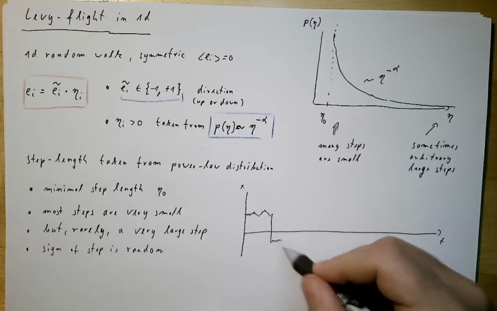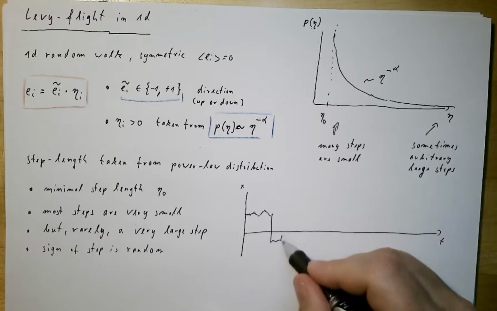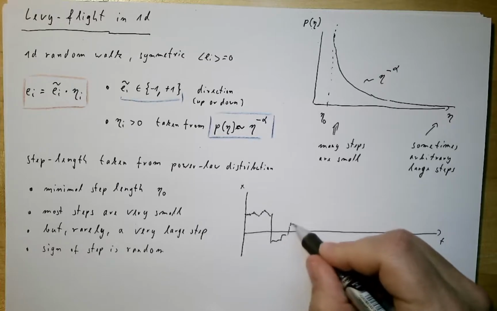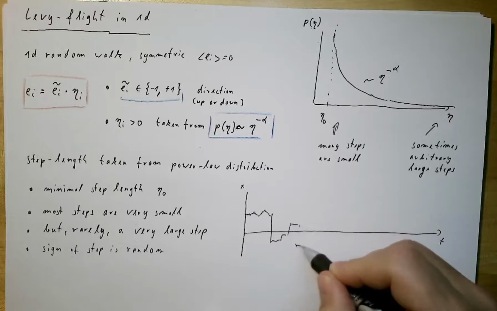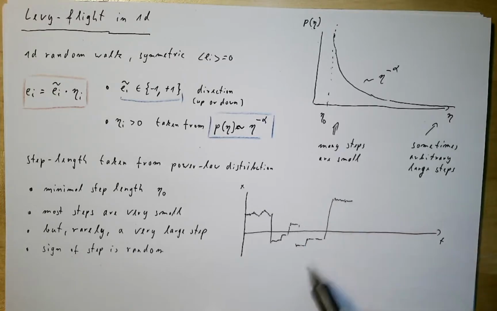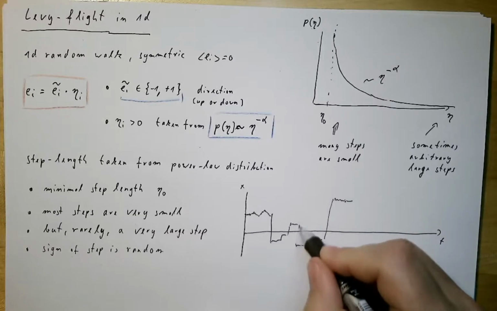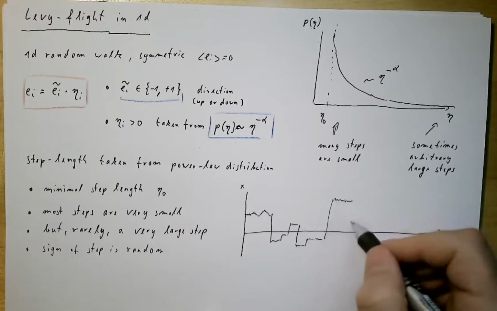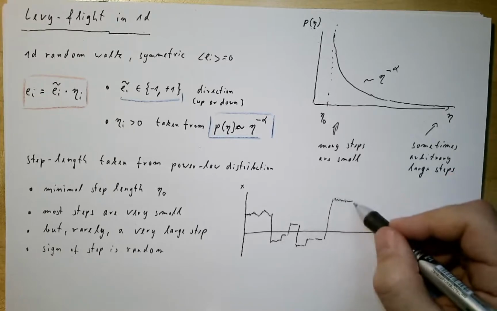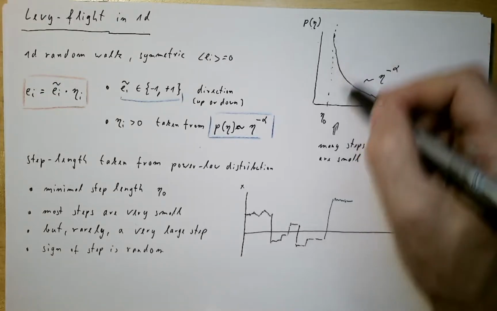And then we continue. Now we have maybe a small step, a larger but smaller step up, maybe another one up, another one down. Yeah. And then you see these jumps appear from time to time and in all scales. It's not that we only have large and only small, because we don't have a step function here.